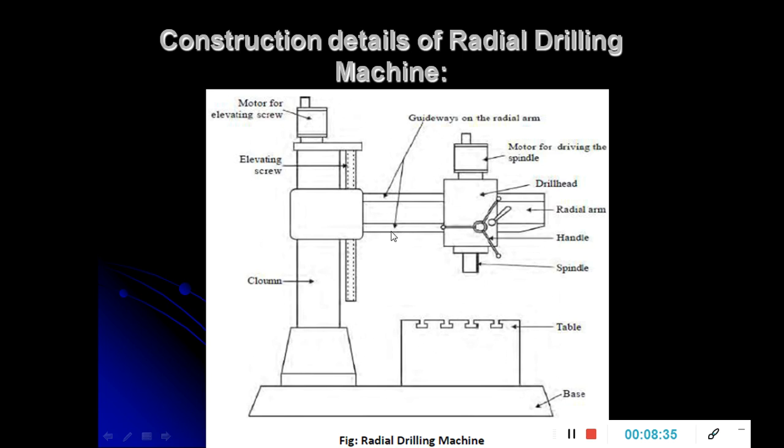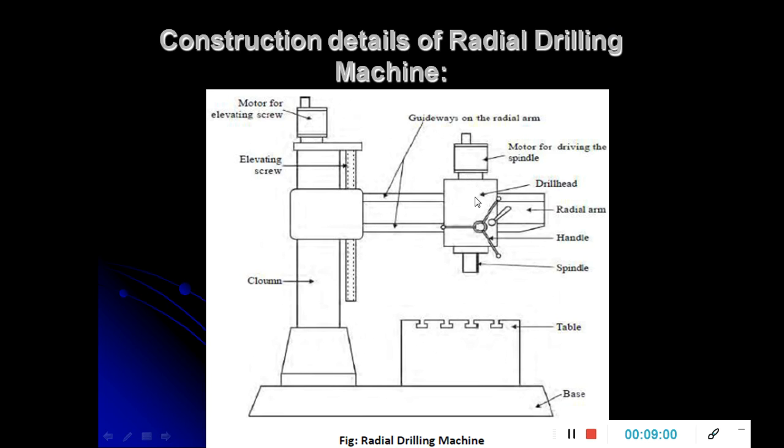So this radial arm can be moved up and down on the column with the help of an elevating screw, and this radial arm can be moved 360 degrees. It can swing 360 degrees to accommodate the different height of workpieces or different position of workpieces without changing the setting of a workpiece.